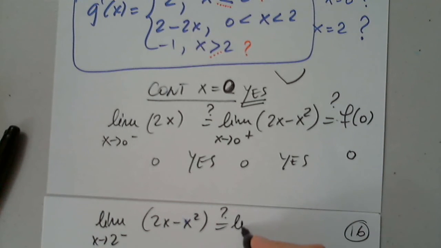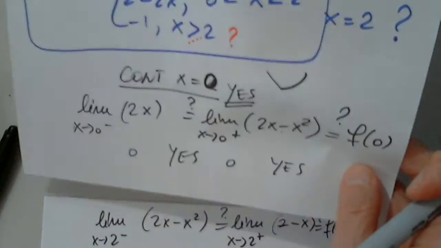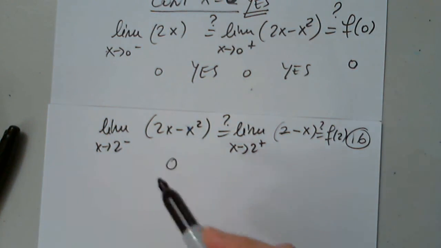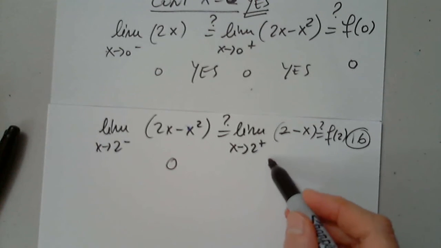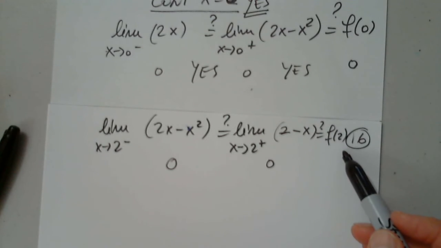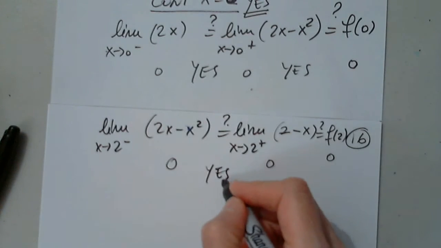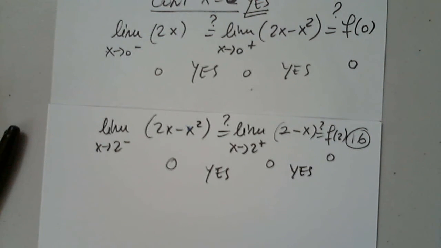Does it equal limit as x approaches 2 from the right of 2 minus x, and does it equal f of 2? That I don't know yet. 4 minus 4, 0. 2 minus 2, 0. F of 2, 0. So the function is continuous everywhere.